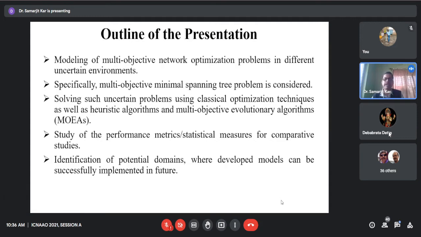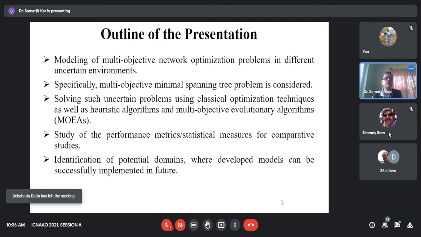So our main goal is to develop multi-objective network optimization problems for different areas, like the minimal spanning tree problem, maximal flow problem, traveling salesman problem, and vehicle routing problem. There are so many network problems, which have lots of real applications.